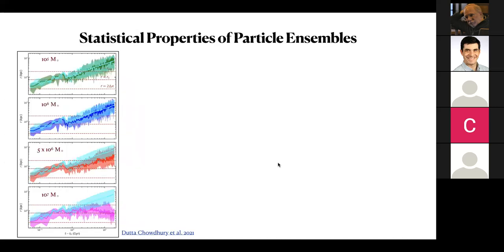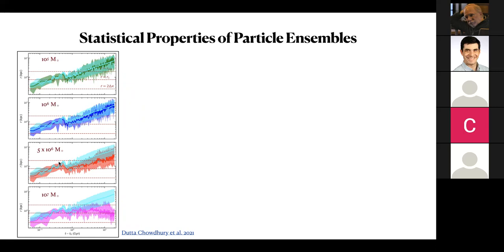So we make ensembles of different mass particles, starting from 10⁵ to 10⁶ to 5 times 10⁶ to 10⁷ solar mass particles. The way these ensembles are created is by putting the particle at the center of the soliton at different instants of time.